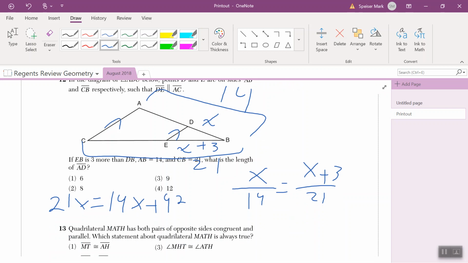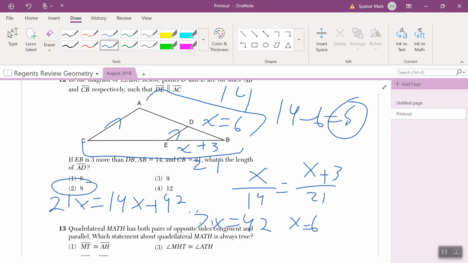You get 7x equals 42. So x equals 6, which is the length of DB. We want the length of AD, which is 14. So 14, take away the 6 we have, is 8. Choice number 2, which is our length. So AD equals 8.